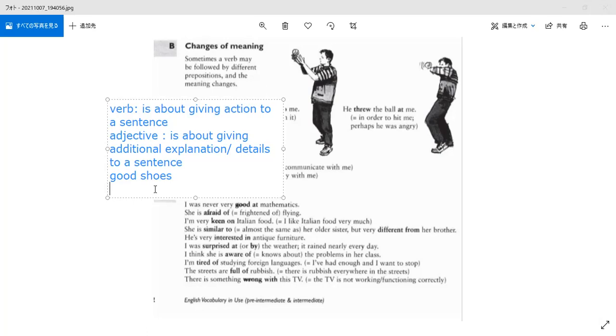Let me see. Anger is a noun, angry is an adjective.